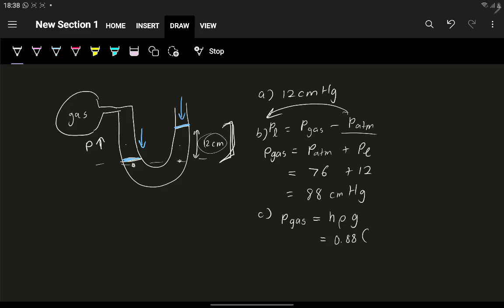The rho for mercury is 1.36 times 10 to the power 4. This is given in the question. So 1.36 times 10 to the power 4 times the gravitational acceleration, which is 9.81. And the answer we get is 117406.08 Pa.